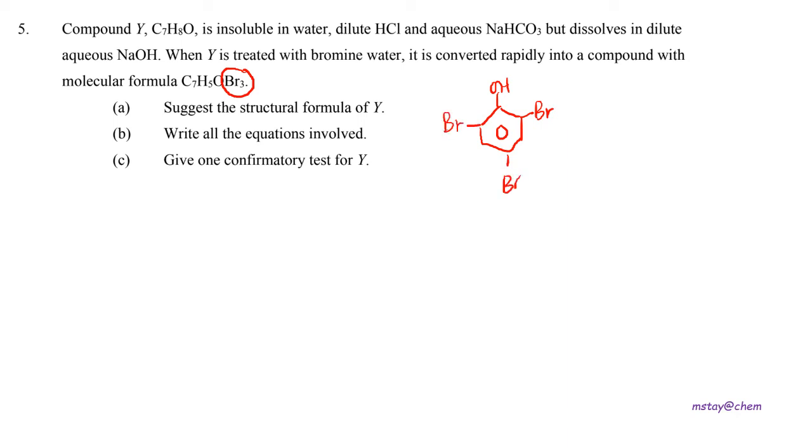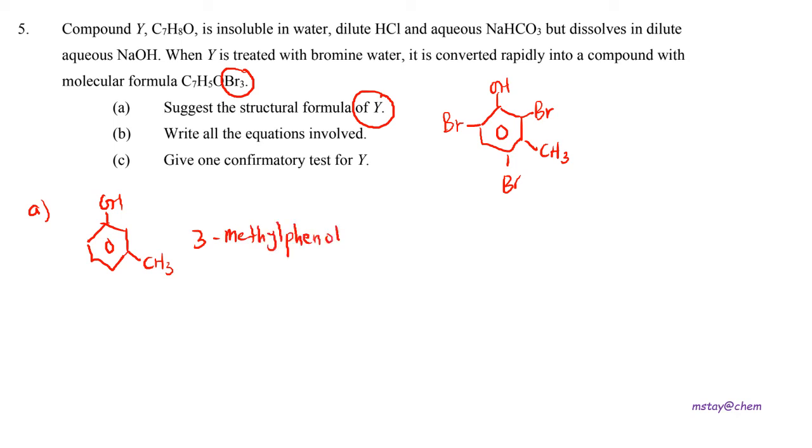Therefore, if I have one substituent, the methyl substituent, it should be at the third carbon. So the structural formula for Y will be 3-methylphenol. If the question asks us to name this structure, it is 3-methylphenol.